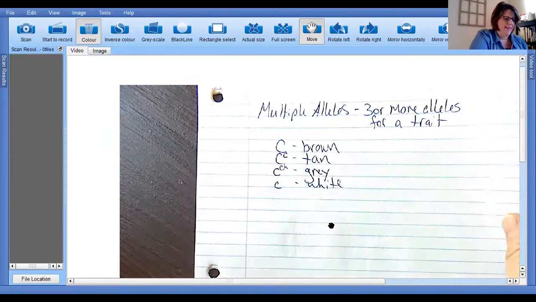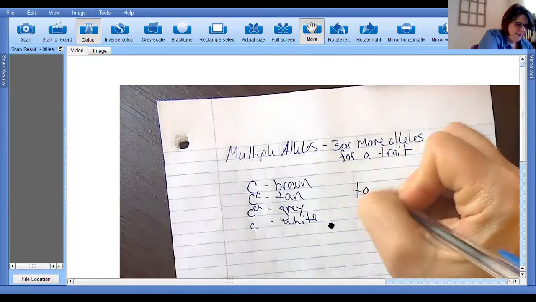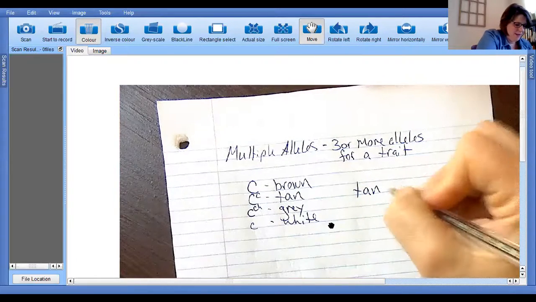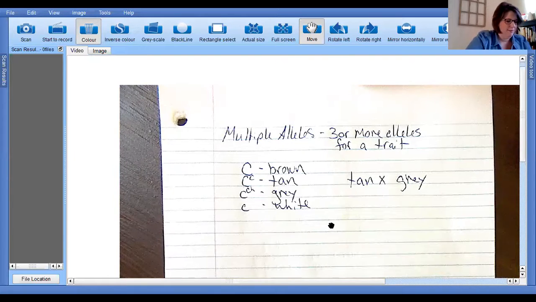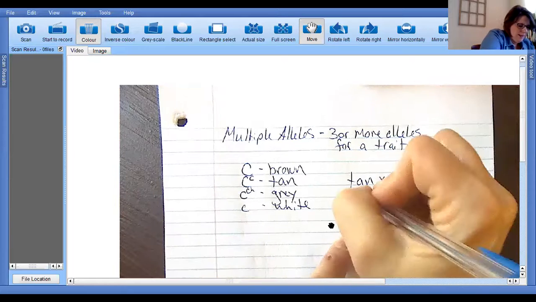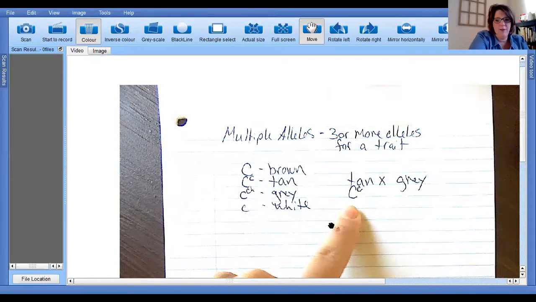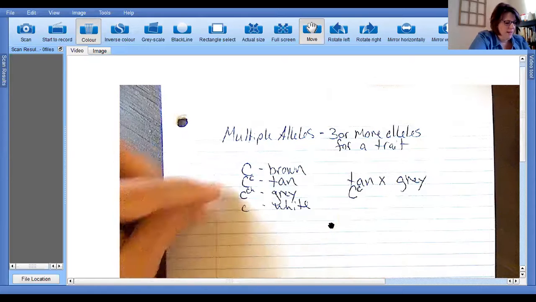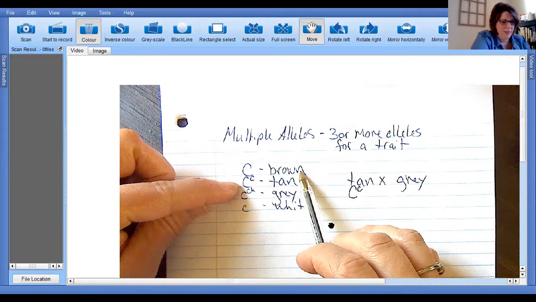So what if I had a tan and I was going to cross it with a gray? Okay, so if I have a tan, it's going to have that big C, but it's going to have another allele. So if it was tan, it couldn't have the brown allele because that one's completely dominant.